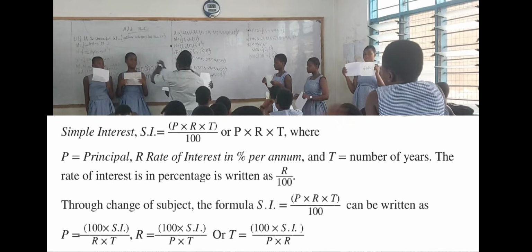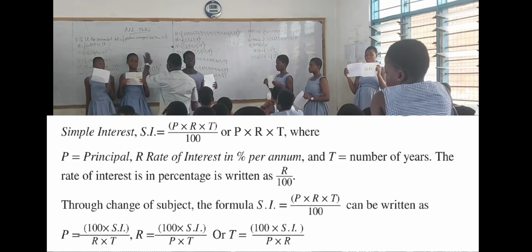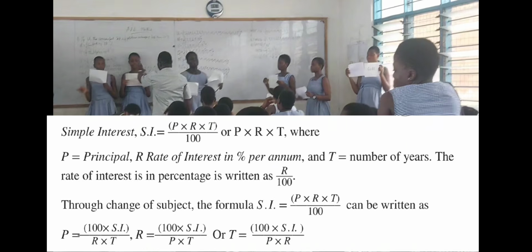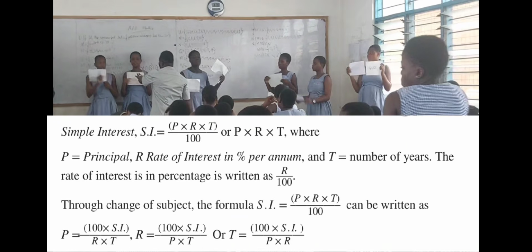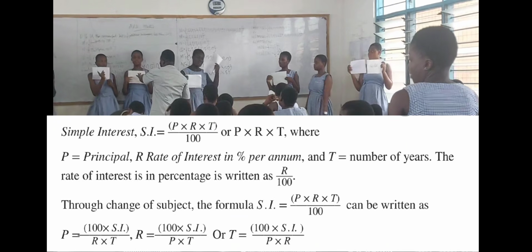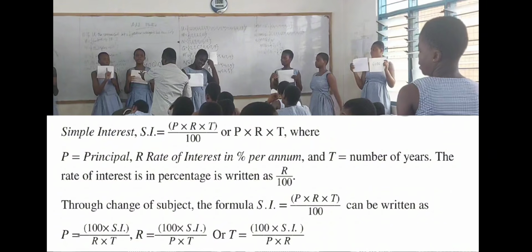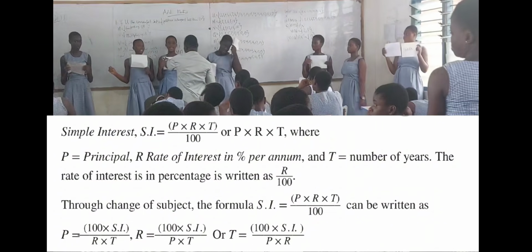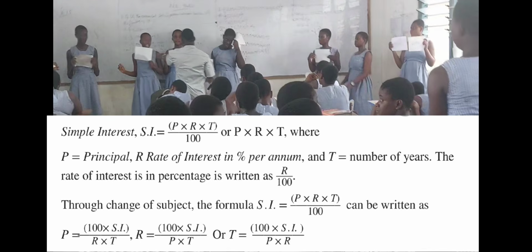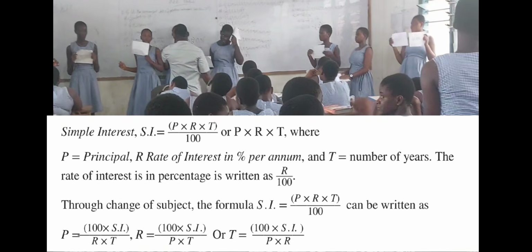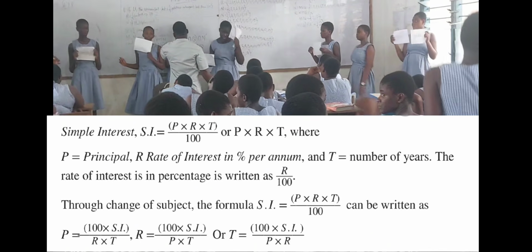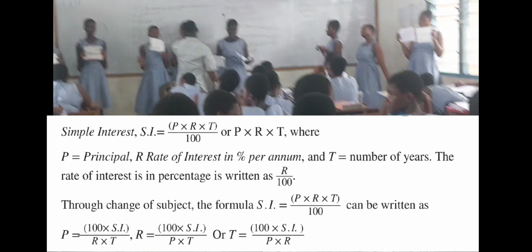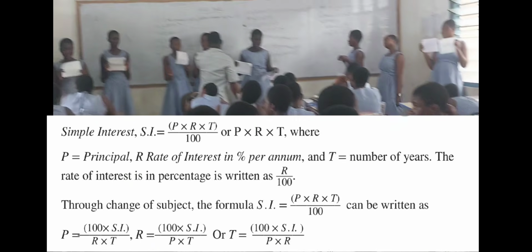So sometimes the question can come in a way that we will be asked to find principal. We will be given interest, rate, and time. Or sometimes we will be asked to find rates. Sometimes we'll be asked to find time, right? In this case, when we go through the change of subject, we can say that P, which is the principal, is going to be 100 times the simple interest all over the rate times the time, right?